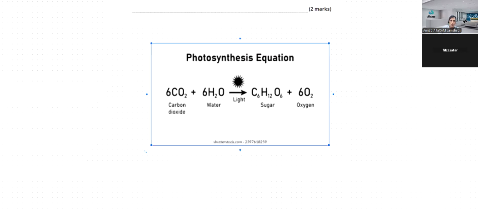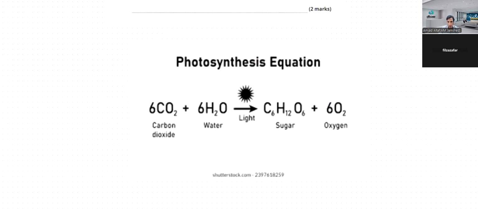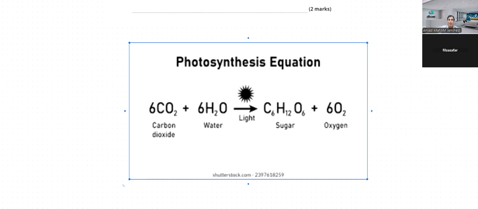The first one is carbon dioxide, right? This is a reactant, the first reactant. The second important thing that is essential for photosynthesis is water. And light is important. And what type of light is it? It's a bulb light, I feel. Is this the light that we have in our room?